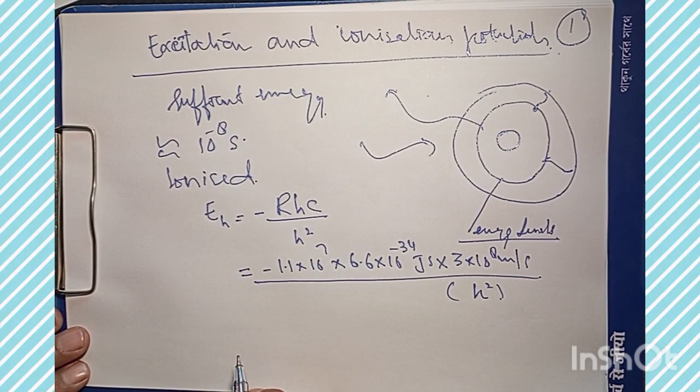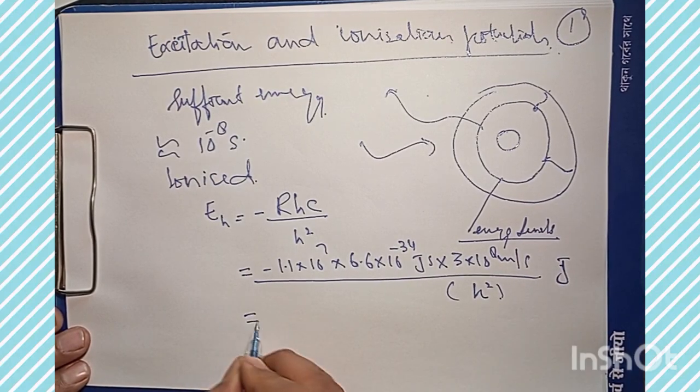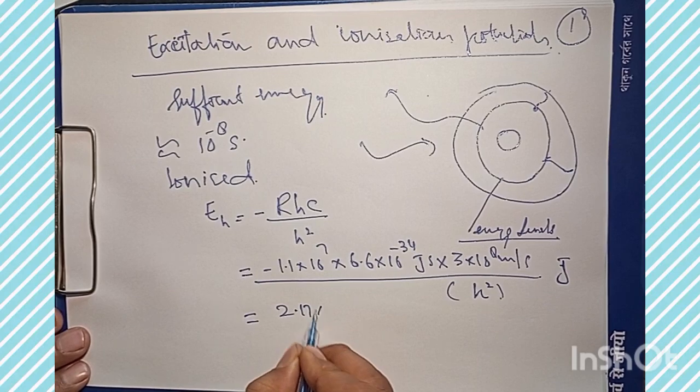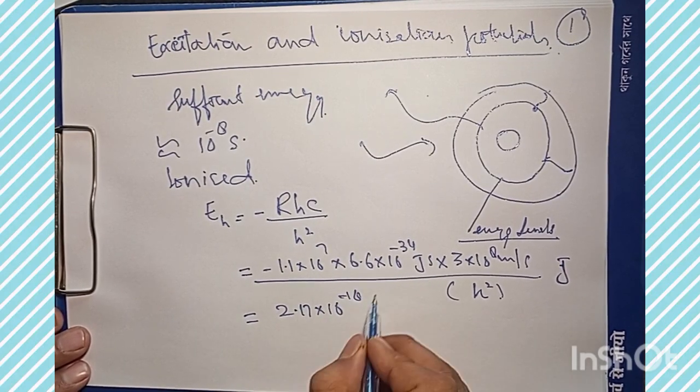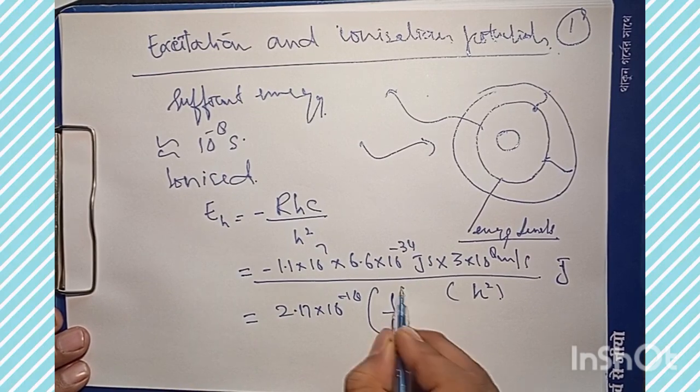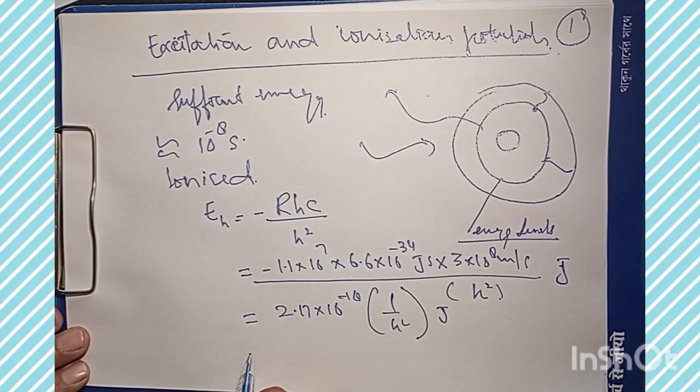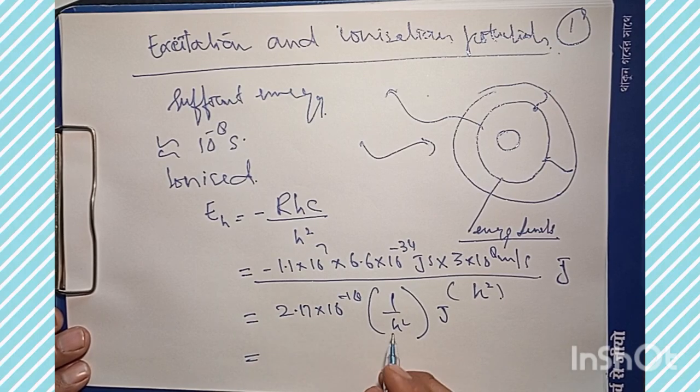This nearly comes out to be 2.17 times 10 to the power of minus 18 times 1 by n square joules. We can convert it into electron volts by dividing by 1.6 times 10 to the power of minus 19.